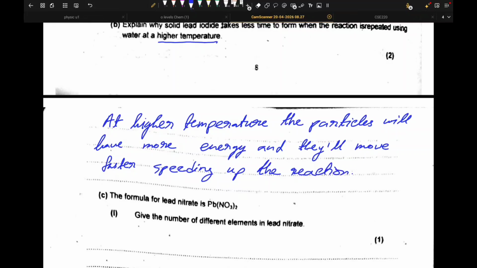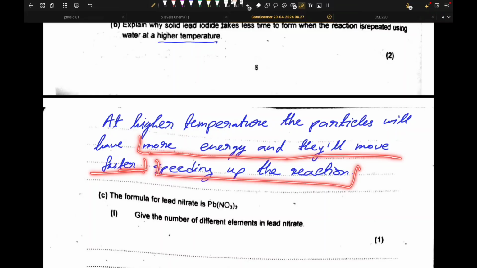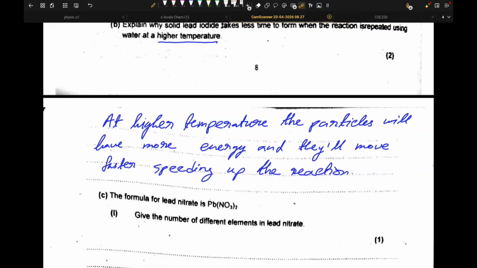In this part, the two marking points are: more energy and moving faster is 1 point, and that this will speed up the reaction is the second point, or the connecting point.